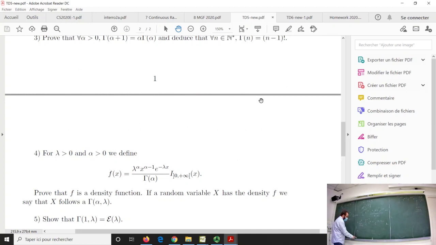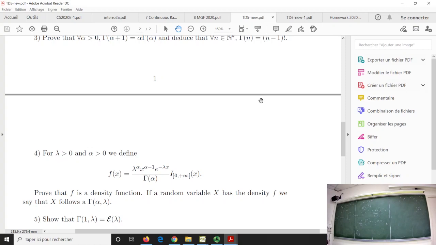So the moment generating function will be well defined if this coefficient here is strictly positive, that is, if t is strictly less than lambda. If t is not strictly less than lambda, you obtain an integral that is plus infinity.